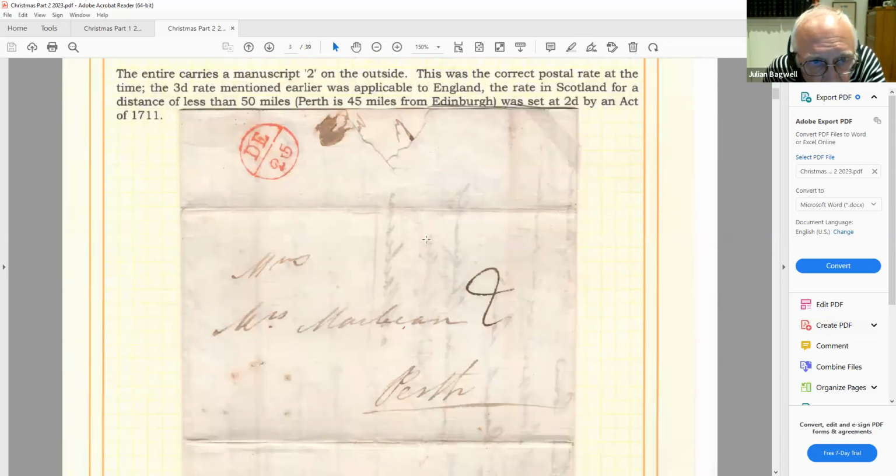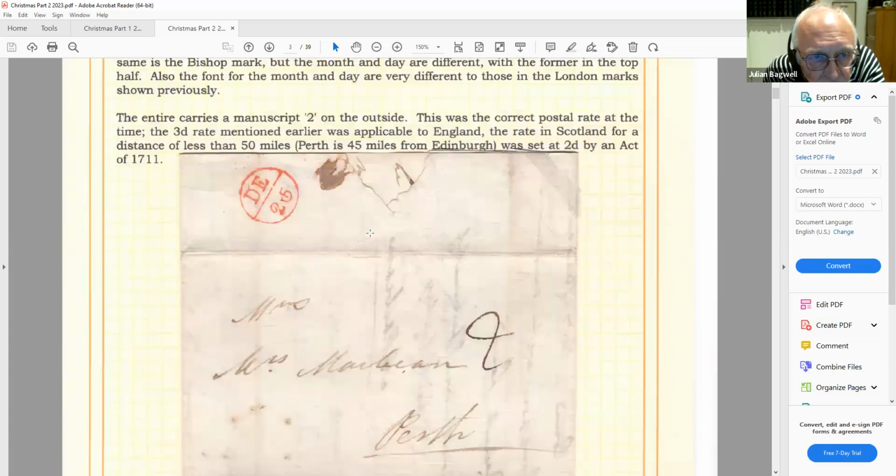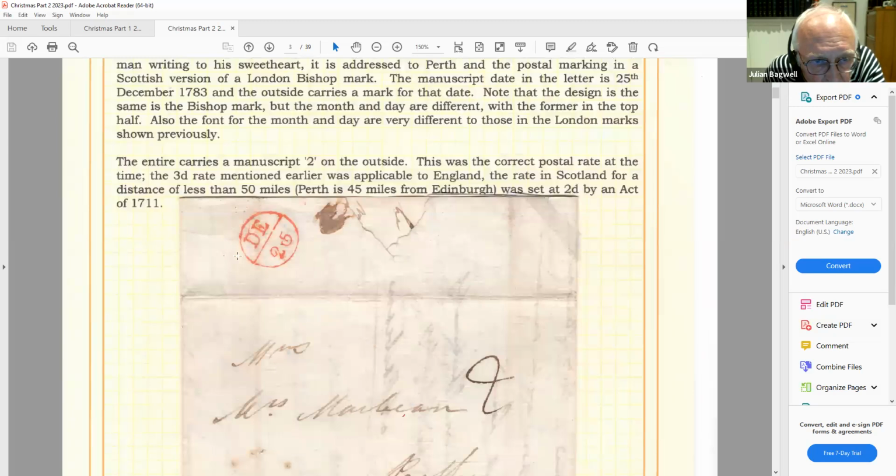Now we come to an Edinburgh bishop's mark, and you can see that this one, which was sent in 1783, after the bishop mark in London had now got the day at the top and the month below, still kept to the old format.